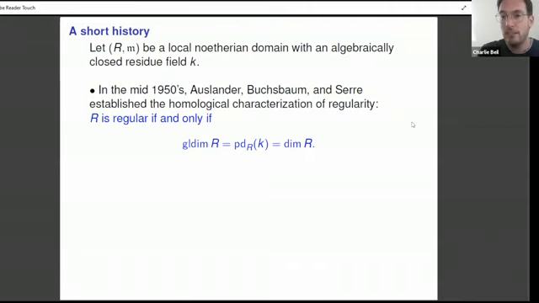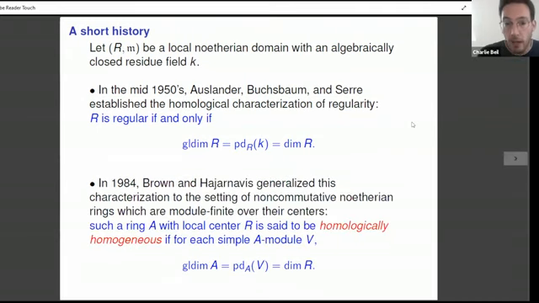So this is completely amazing. We have this Krull dimension equaling the global dimension, and so we have this homological characterization of if a point is smooth or singular. And in 1984, Brown and Hajarnavis generalized this characterization to the setting of non-commutative Noetherian rings which are module finite over their center.